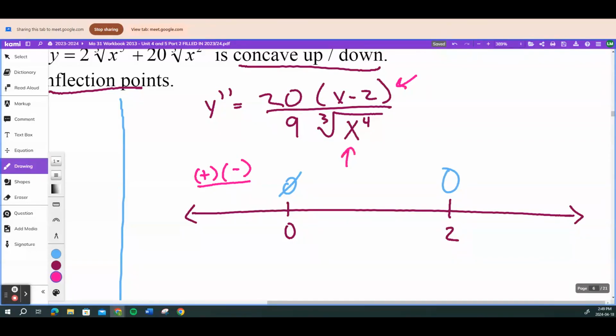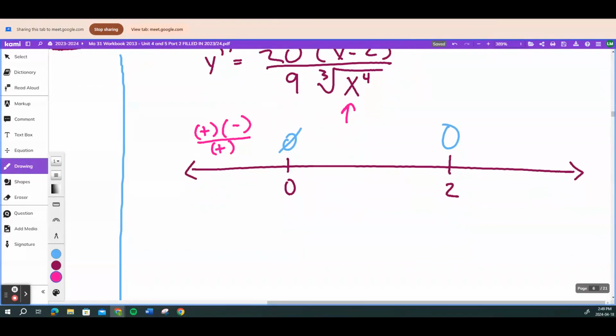Over, for the denominator, it would be positive, because -1 to some even power would be positive. So our numerator would be negative. Negative divided by a positive is still negative, so this is concave down.